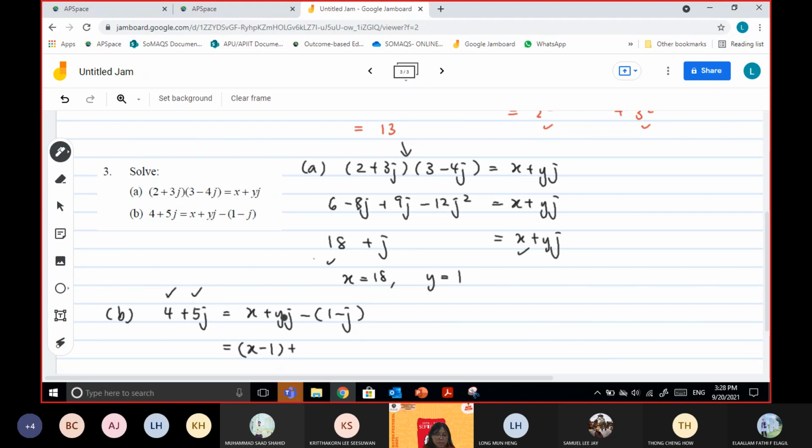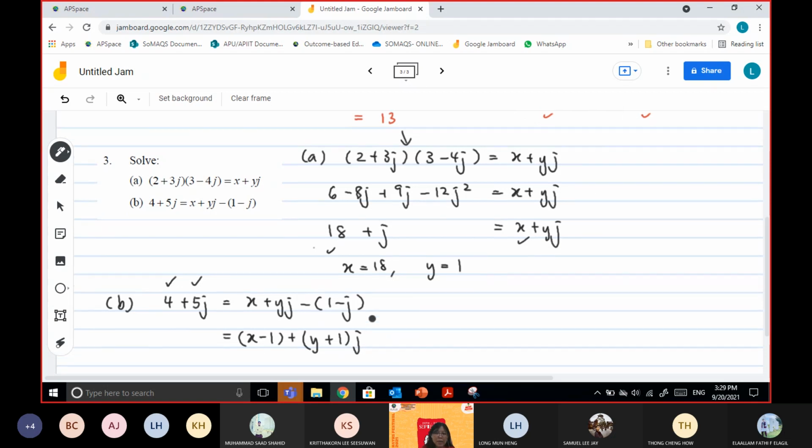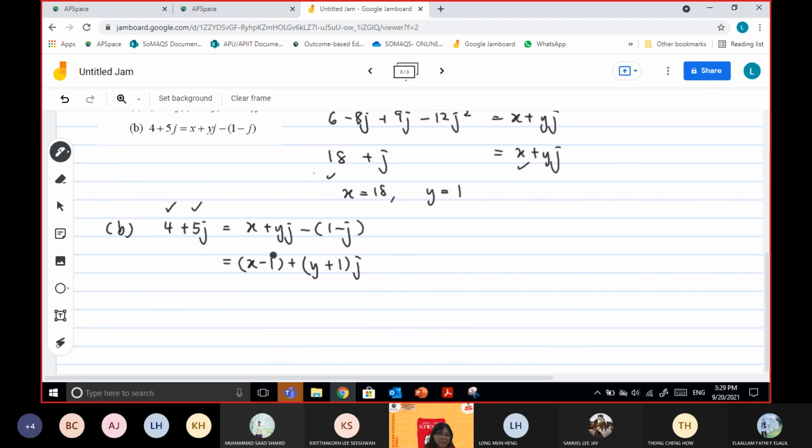And then the imaginary part is a y. And then there's a minus j over here, right? So that means it will be y plus 1j, because the bracket will be minus 1 plus j.